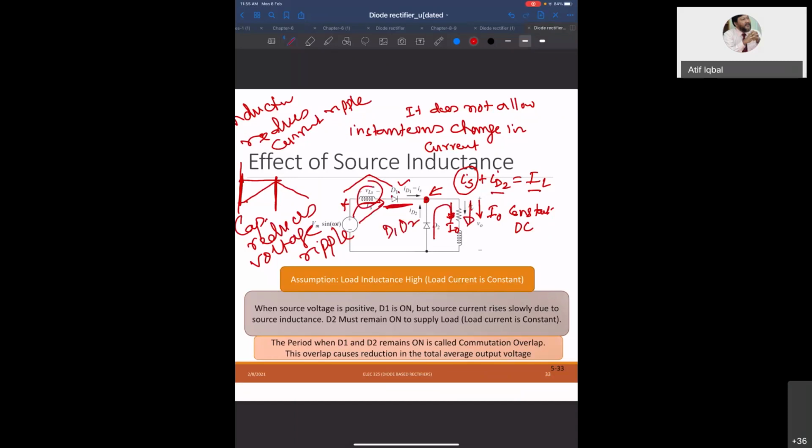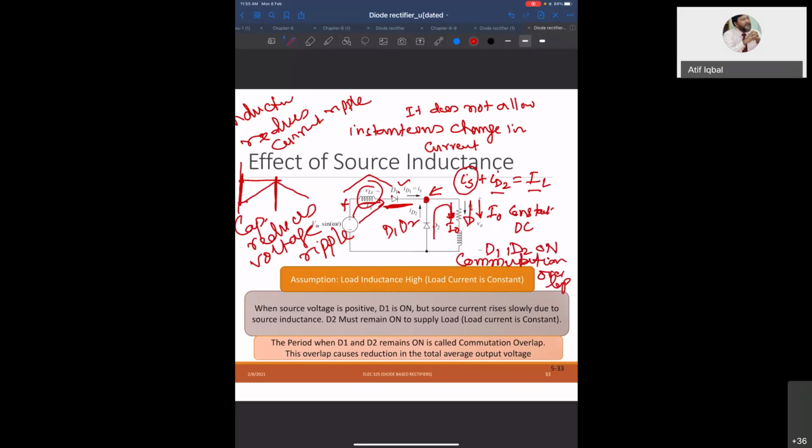So both D1 and D2 will turn on at some point, and this period of time in which both D1 and D2 are on is called commutation overlap. Why is it called commutation overlap? Commutation means turning off.